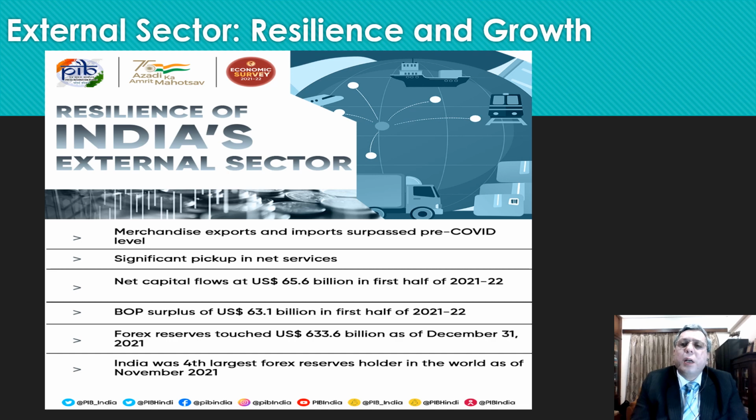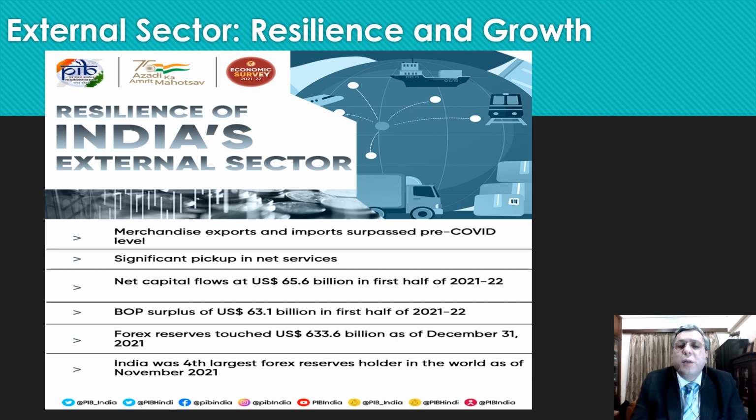So we can expect a full year net foreign direct investment of more than $120 to 130 billion. Balance of payments surplus was $63 billion in the first half of 2021-22.